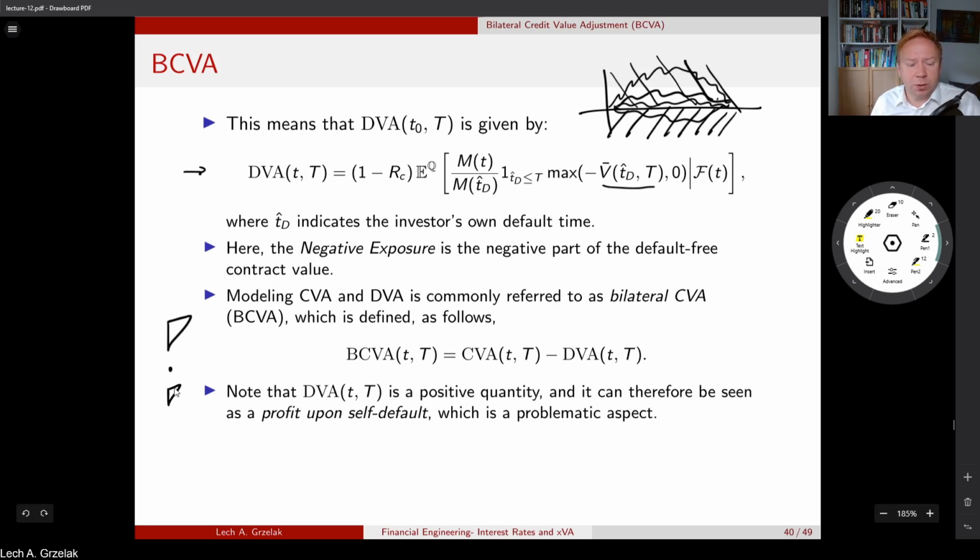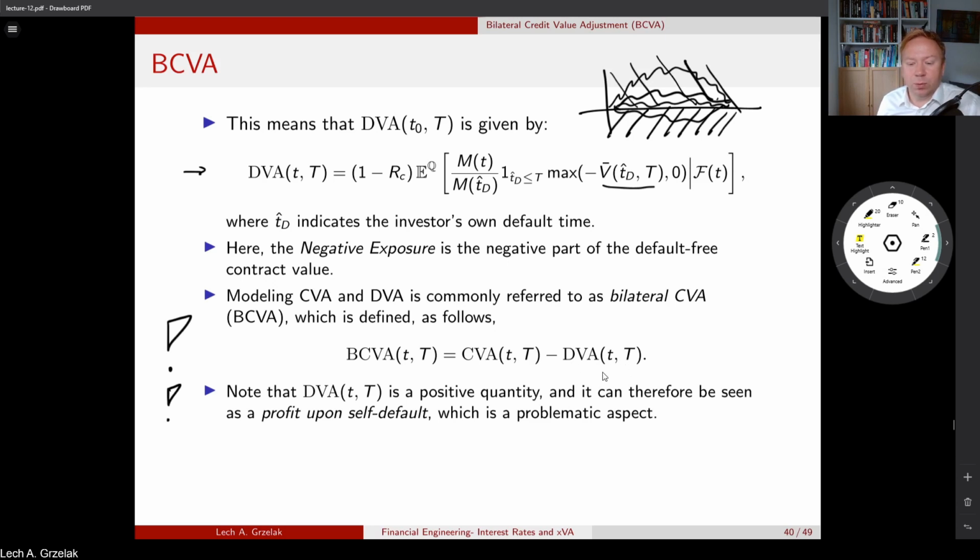What is interesting here is another, a little bit controversial term. If you look at the BCVA adjustment, which is equal to CVA minus DVA, this is also what makes the fair value price between the two counterparties. Then you see that the adjustment will decrease with the debt value adjustment of your own.